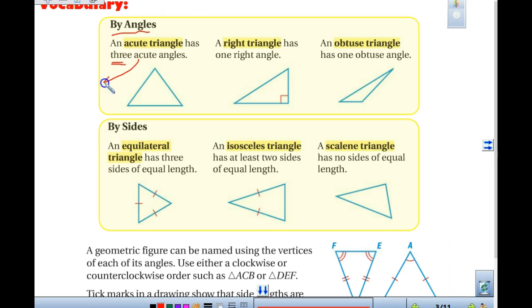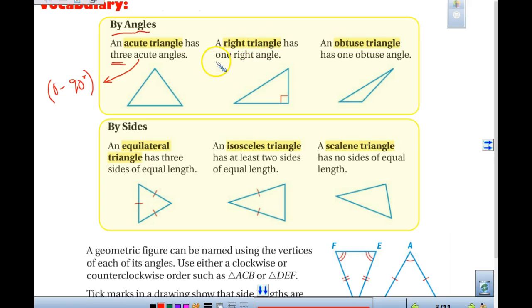Remember, the definition of acute angle is where we have an angle between 0 to 90 degrees, okay? So acute angle means it has to be bigger than 0 and less than 90, right? So all of these angles going around here have to be acute. They don't have to be the same, they just all have to be less than 90.